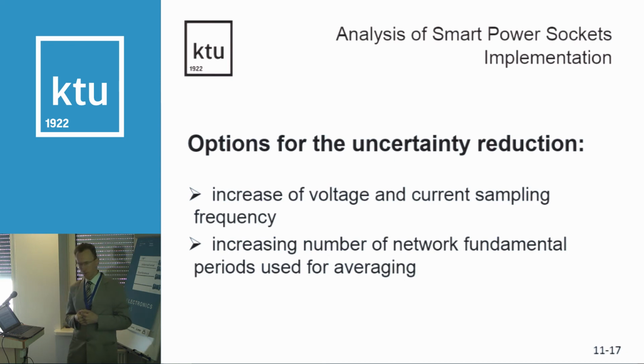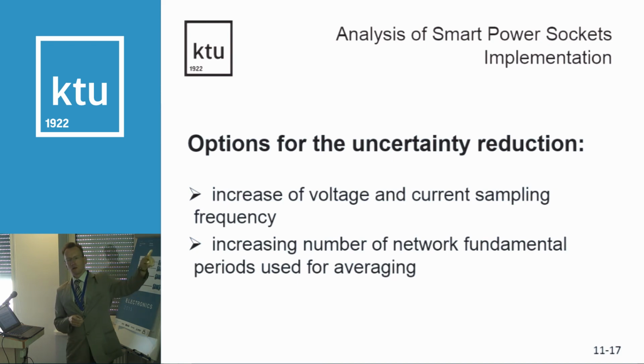So averaging is a cure to reduce random errors. As well, we could increase the number of fundamental periods, like the 50 Hertz period. We could accumulate more of them, and use this as a technique to reduce random errors.